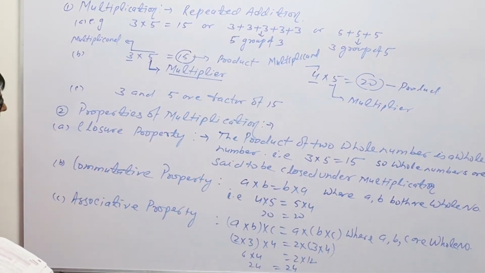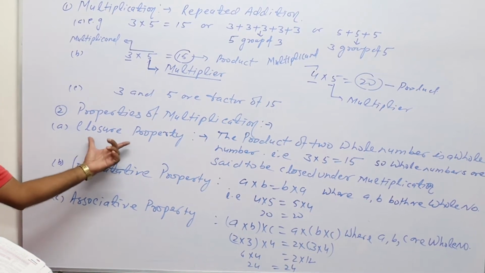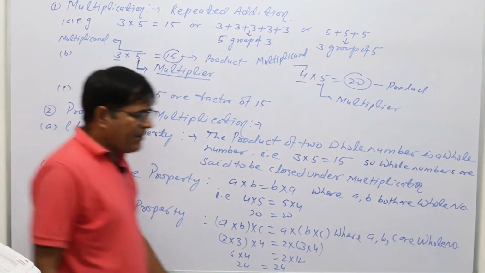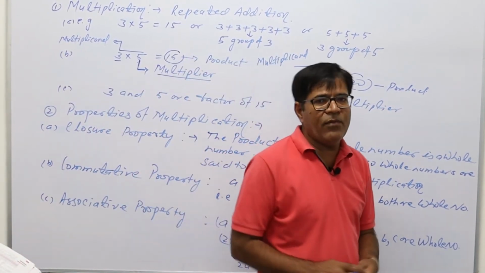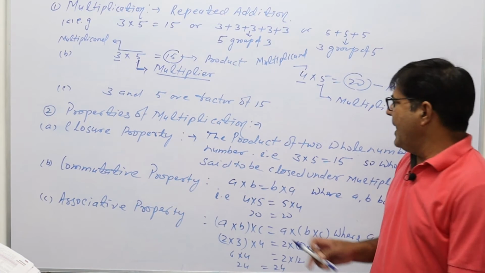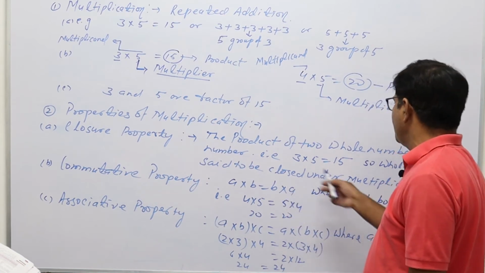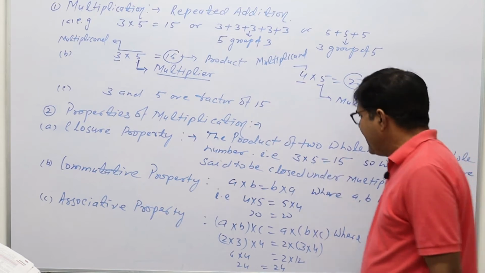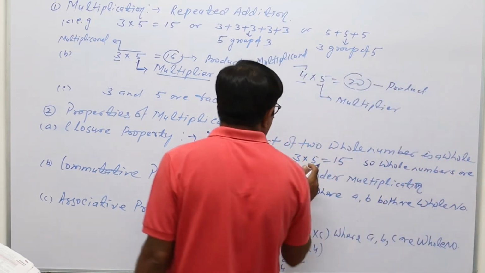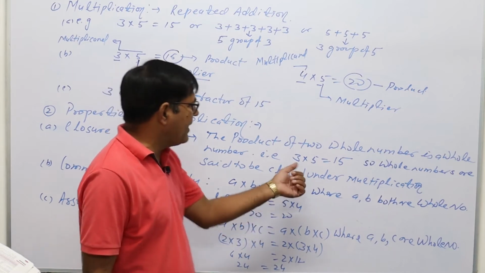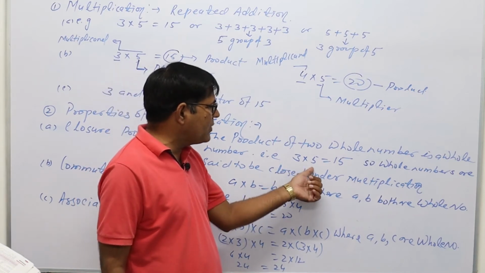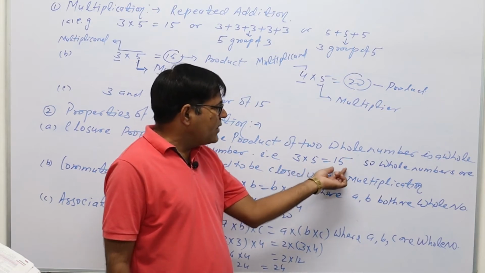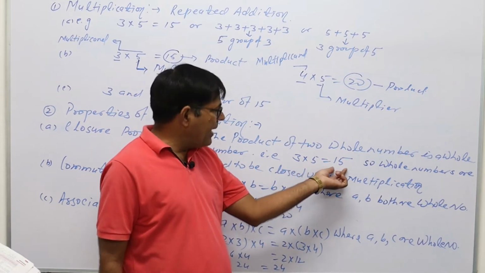Now we will discuss the properties of multiplication, and the first property is the closure property. Now what do you understand by closure property? If we are given two whole numbers, and we find the product of these two whole numbers, then the result is also a whole number. See here, the multiplication of 3 and 5 is 15. 3 is a whole number, 5 is a whole number, and the product of these two whole numbers is also a whole number.